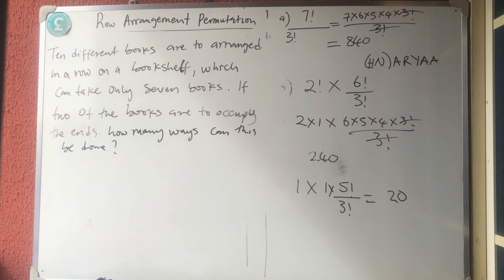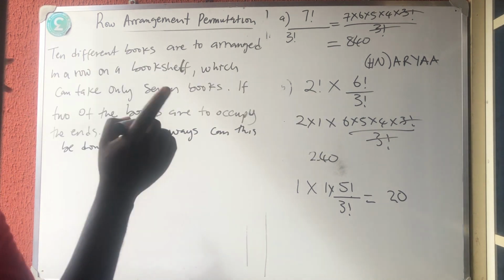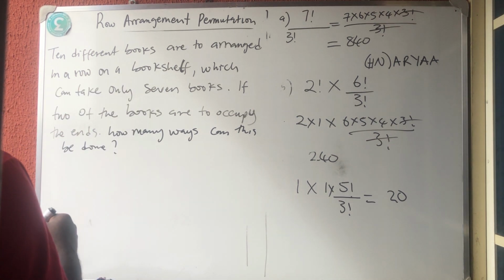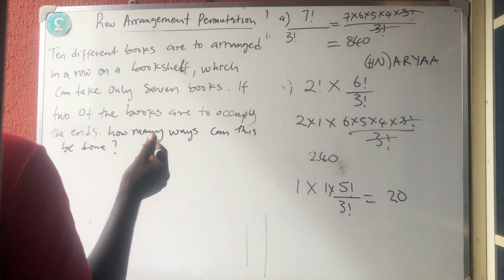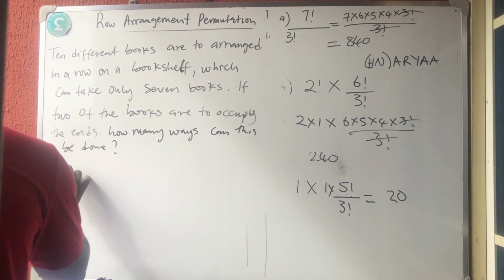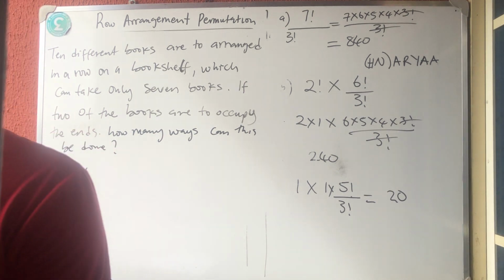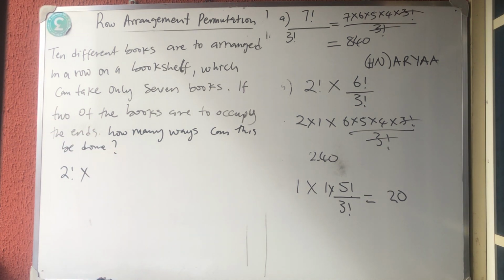Now we have a book to be arranged at each end, so they have 2 ways of arranging them. That is, they have 2 spaces to arrange the 2 books, which is first of all 2 factorial times. Now, how many books are there? 10 books.